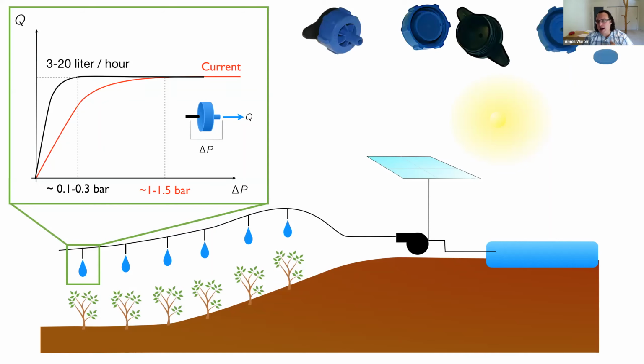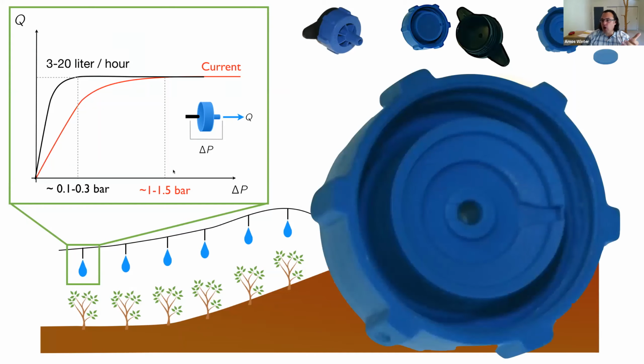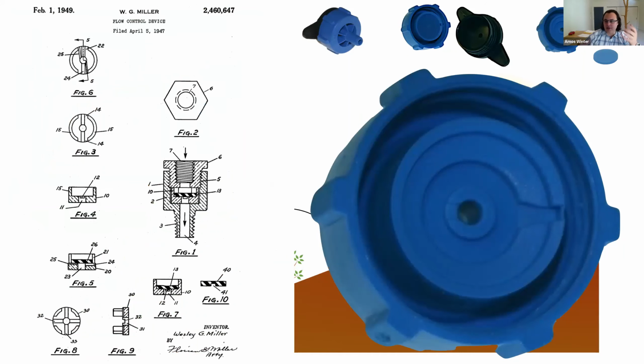So we started by doing some reverse engineering and looking at how drip emitters are made and looking at the main flow control features as you open up an emitter and see what changes the flow to create this what's called pressure compensating effect, constant flow rate with variations in pressure. And what was interesting about this as we started to look into this is that this design is actually quite old.